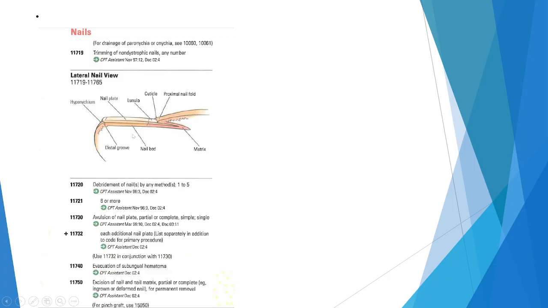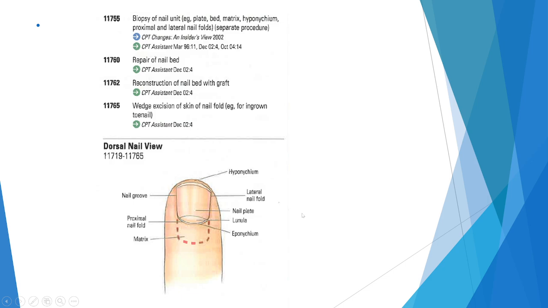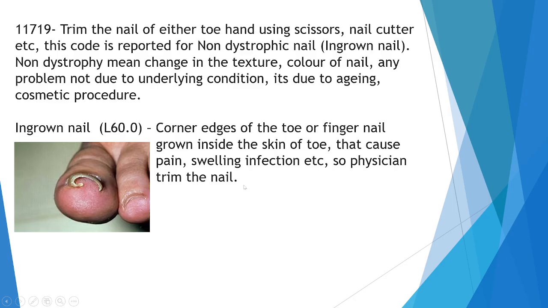So these are the screenshots of the nail procedures: trimming of the non-dystrophic nail, debridement of the nails, avulsion of the nail plate, partial or complete, each additional evacuation, excision of the nail and nail matrix. We'll see them one by one. Here are the biopsy of the nail unit, repair of the nail bed and reconstruction, and 11765 wedge excision of the skin of the nail.